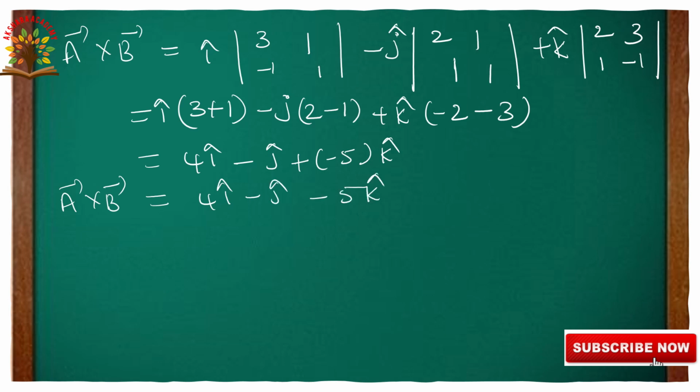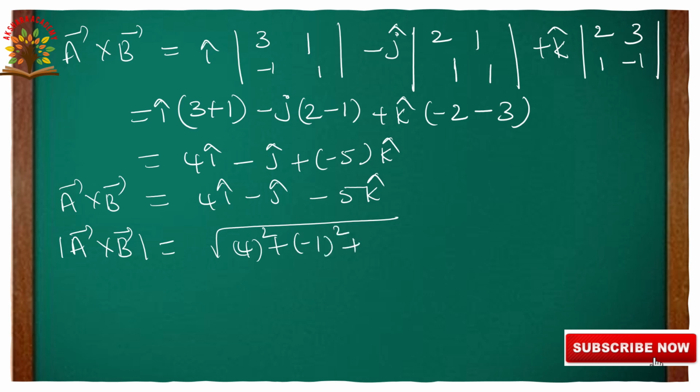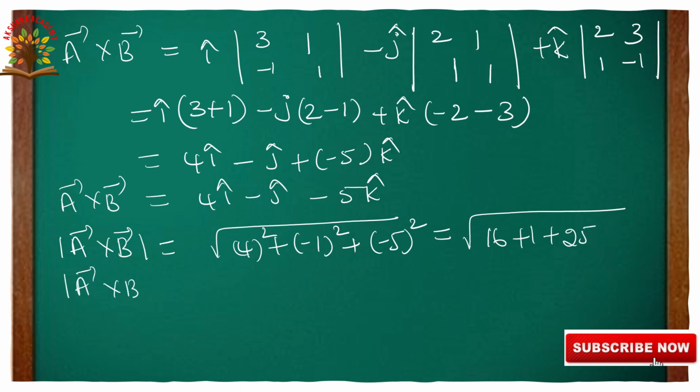Now we are finding the modulus of a bar cross b bar, which is equal to the square root of i component 4 whole square, j component minus 1 whole square, and k component minus 5 whole square. So that is 16 plus 1 plus 25, so the modulus of a bar cross b bar is root 42.